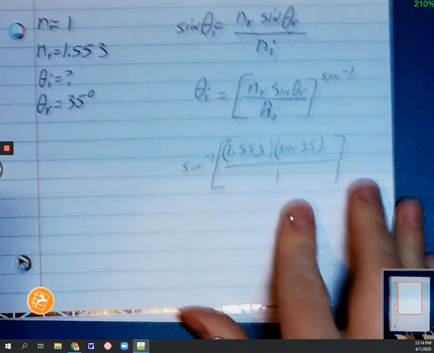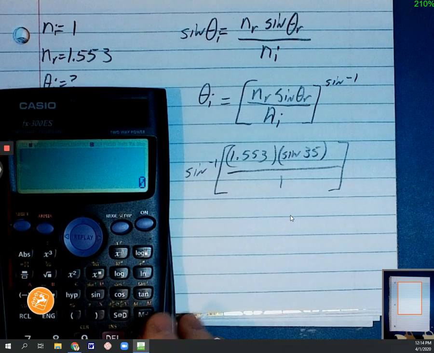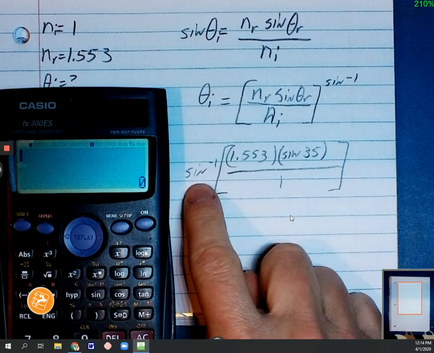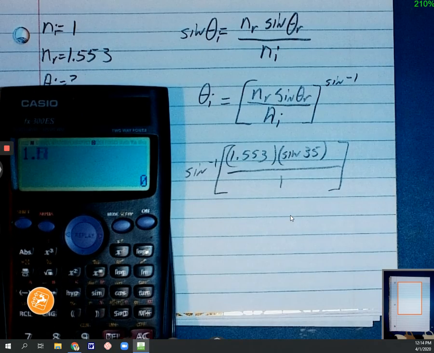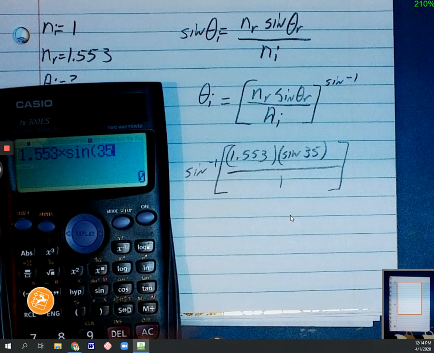So coming along, waking up my calculator. I'm going to save the inverse sine for the very last step, and I'm just going to get all of this right here first. So 1.553 times sine of 35, and then divided by 1. I don't have to divide by 1, it's just going to give me the same answer.